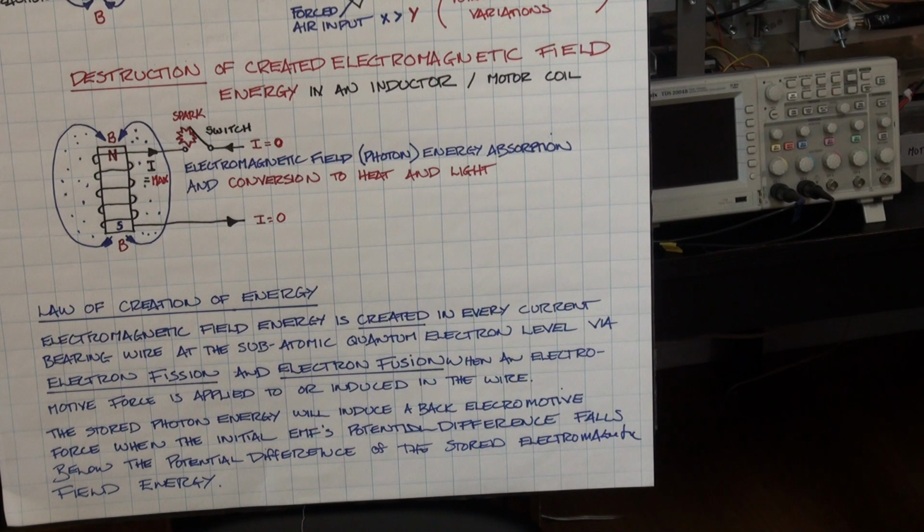When the applied voltage to that inductor is cut off, the photon energy will collapse back into the coil. It will induce a back electromotive force, which will produce a back current in the opposite direction to the direction of the applied voltage. So the law of creation of energy says that energy can be created in a current-bearing wire and can also be destroyed.